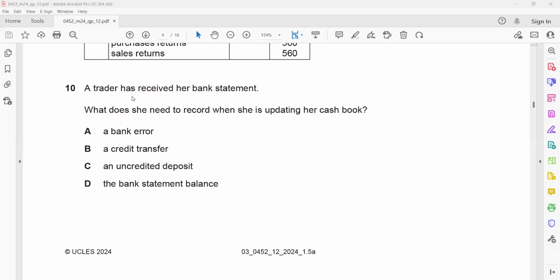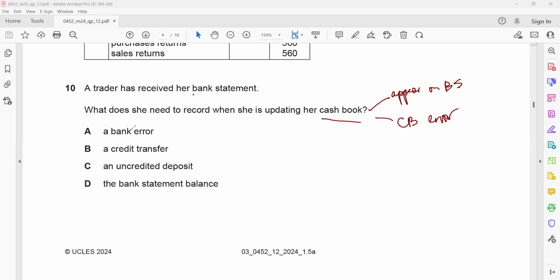A trader has received her bank statement. What does she need to record when she is updating her cash book? So updating the cash book, we only update items that appear on the bank statement or are cash book errors.